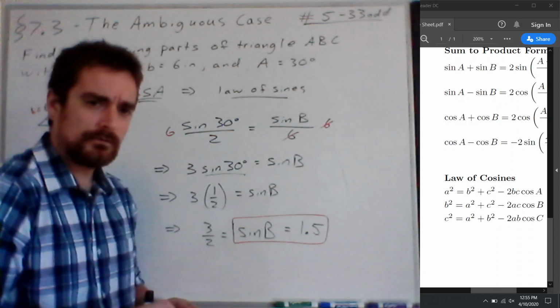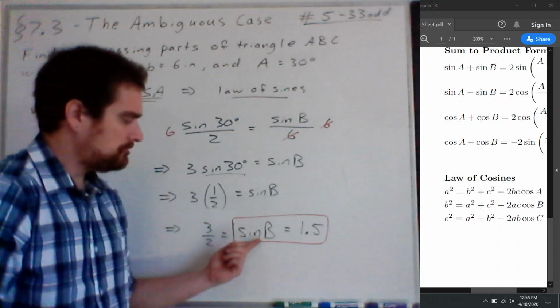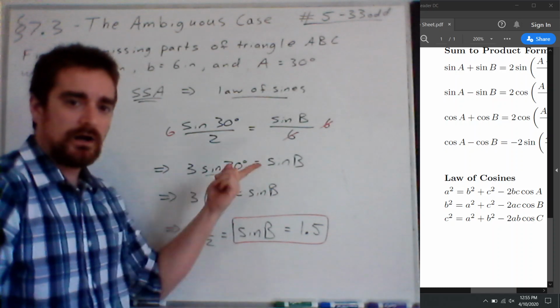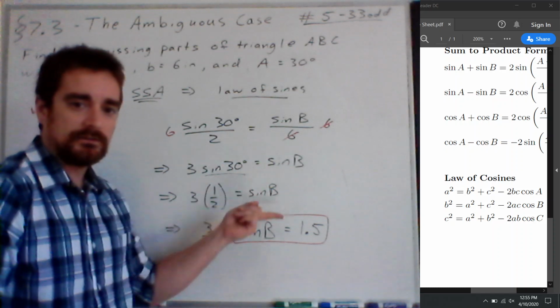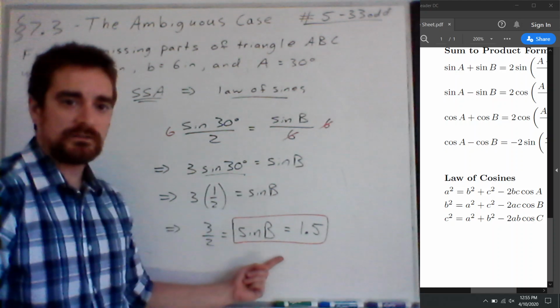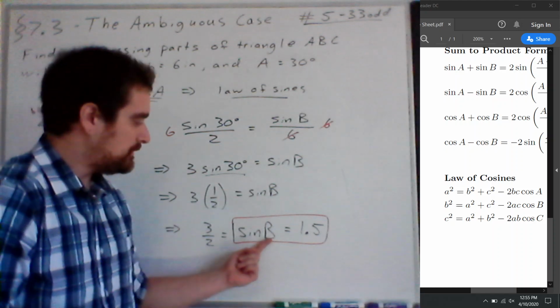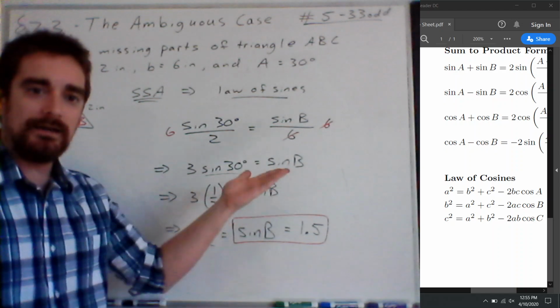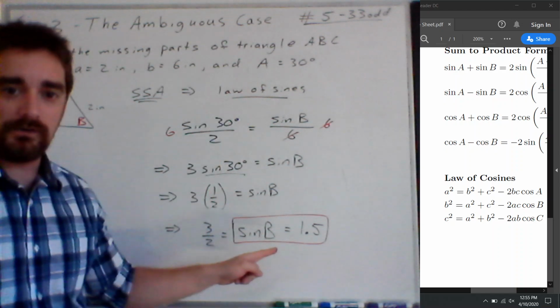Can that happen? What's the range on my sine function? My sine function oscillates between -1 and +1. That's not a thing. Sine of B cannot be 1.5. Sine only oscillates between 1 and -1. It will never get to that value.